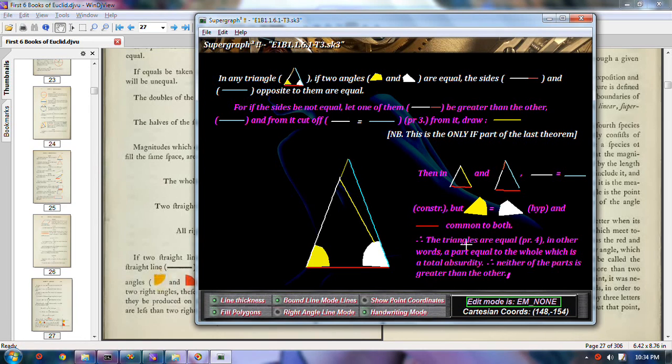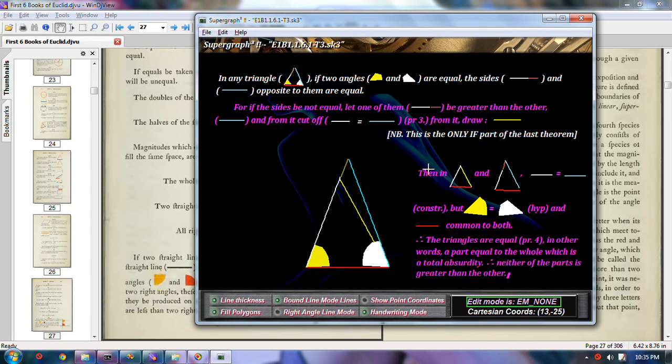And so therefore we've run into a contradiction, and so neither part is greater than the other part, and the parts being spoken of are the angled sides, red is always the same. Neither of the angled sides is greater than the other, and so therefore they must be equal, and so we've established that if the angles are equal, then the two sides are equal.